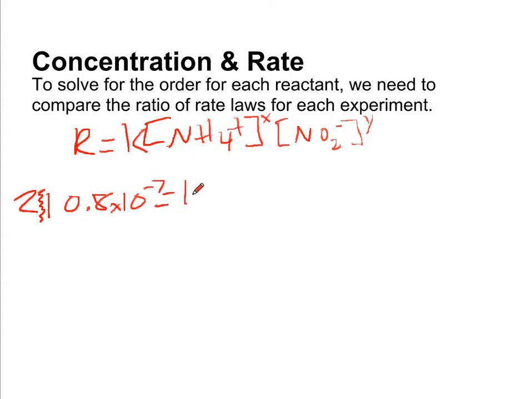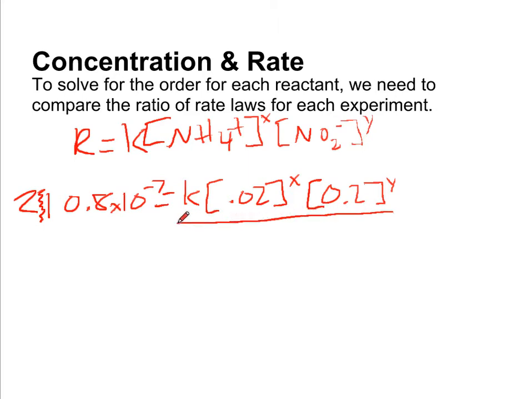That's equal to the rate constant times my concentration of ammonium, which was 0.02, to the x, times the nitrite concentration, which was 0.2, to the y, and we'll put all of this over experiment 1.